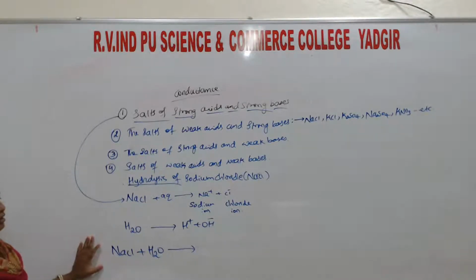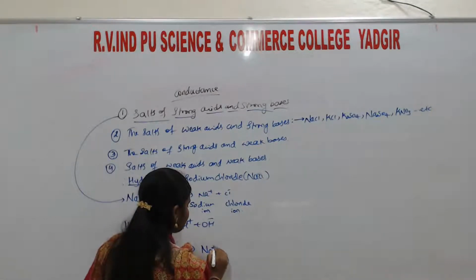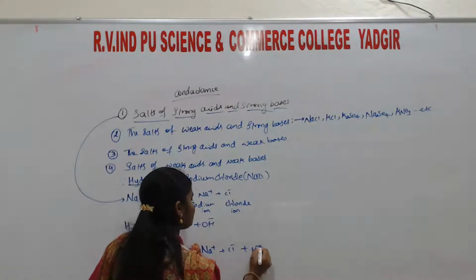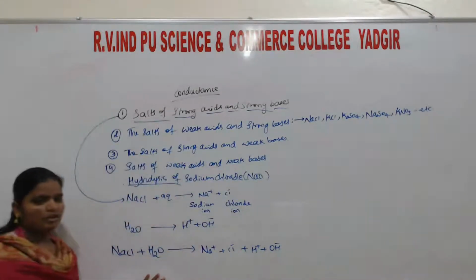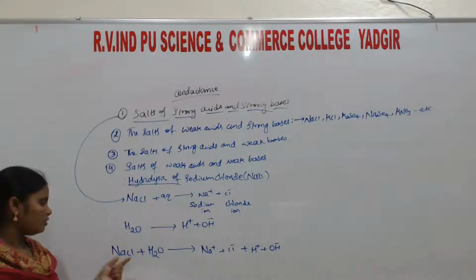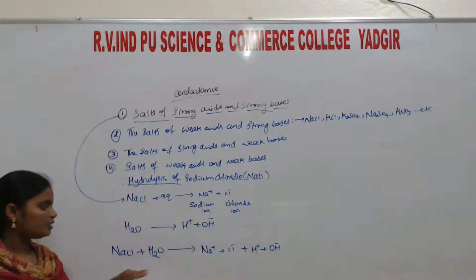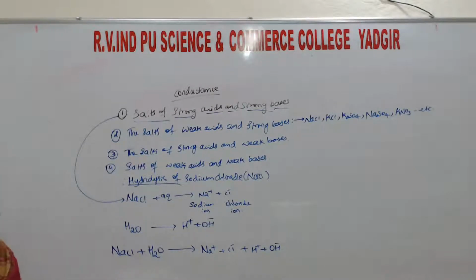NaCl plus H2O, the ions are formed: Na+, Cl-, H+ and OH-. Taking sodium chloride, a common salt, there is only dissociation of sodium chloride into sodium and chloride ions, and no hydrolysis takes place.